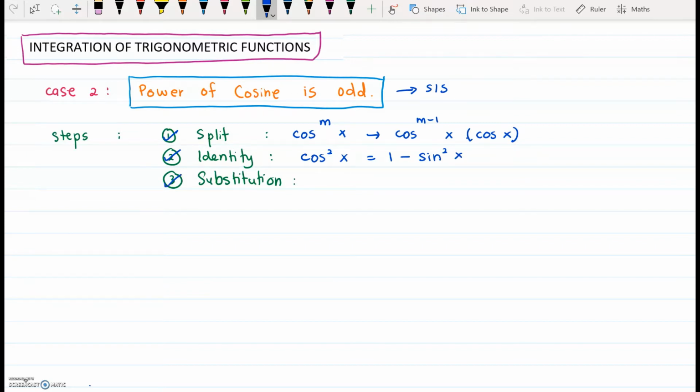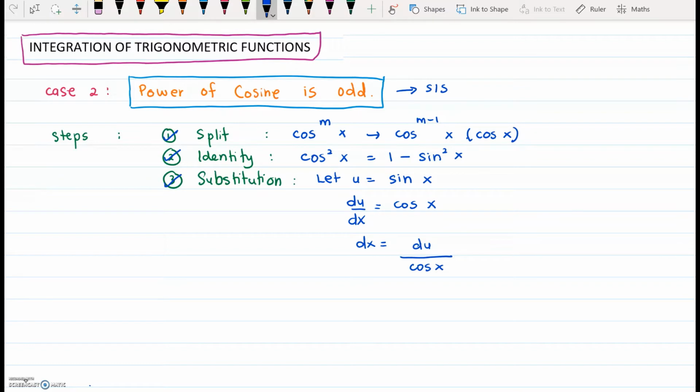We will let u equal the opposite of the case here, that is, let u equal sine x. When you differentiate, you will get du dx equals cos x, and when you write dx as the subject, it will be du over cos x.